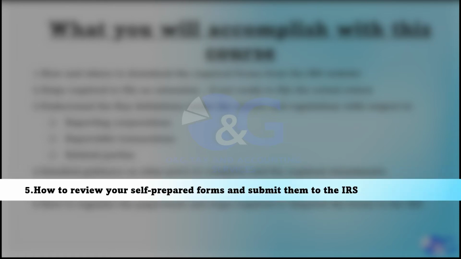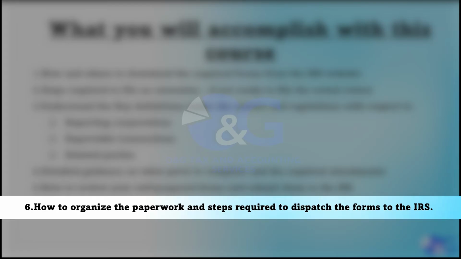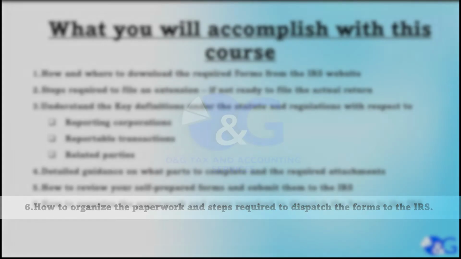We'll show you how to review your own self-prepared forms and how to submit them to the IRS. And then the last one on the list is we're going to also show you how to organize your paperwork and the steps that you need to follow to dispatch the forms to the IRS.